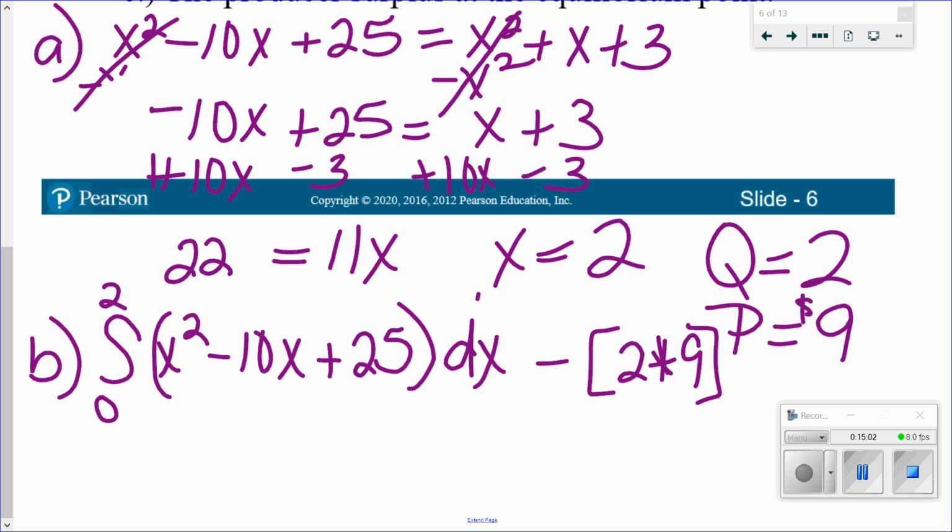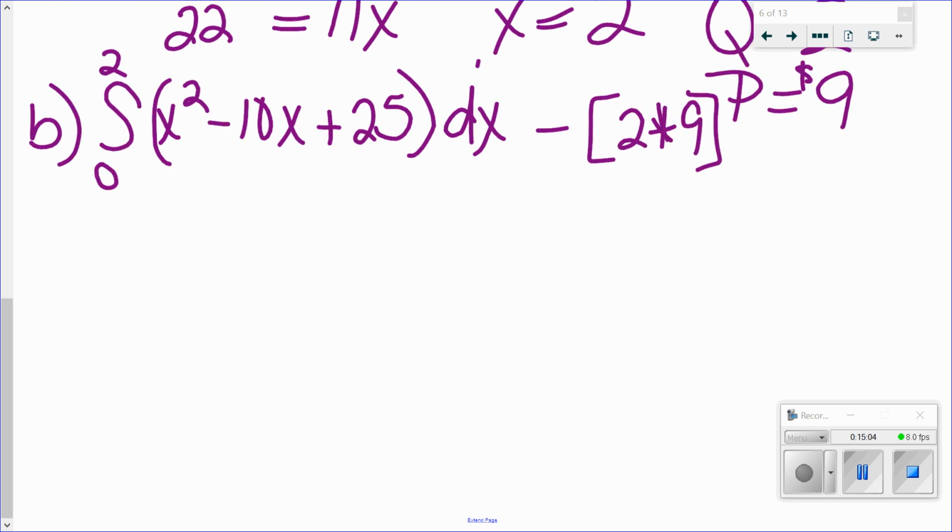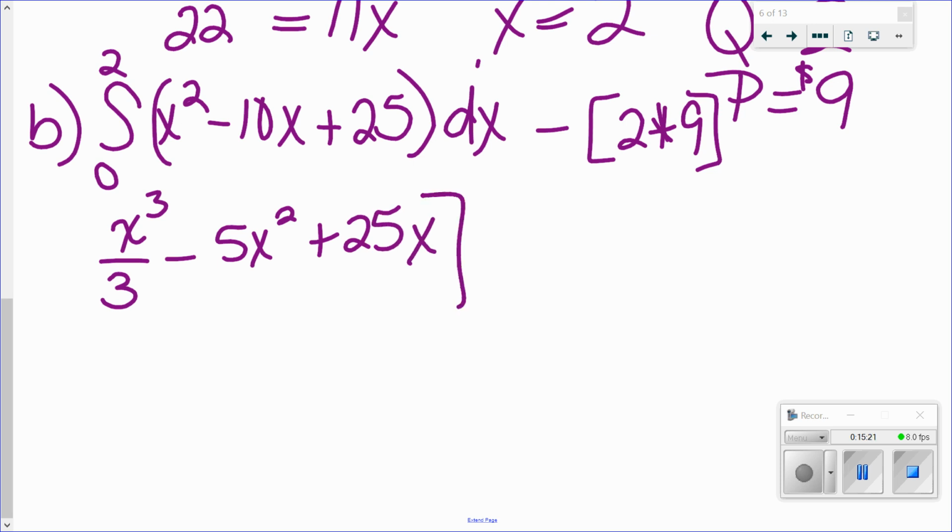Okay, so we need to take the antiderivative. So we get x cubed over 3. Now we've already done this one before. It's going to be 10x squared over 2, which we know is 5x squared, plus 25x. That needs to be evaluated at 0 and 2.